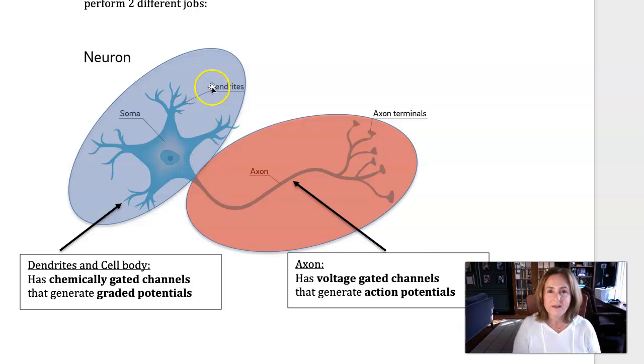So let's look at this first by talking about how a graded potential is generated and what that is, and then ask the question of, will it generate an action potential, and what is that?